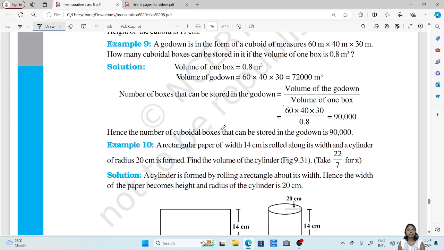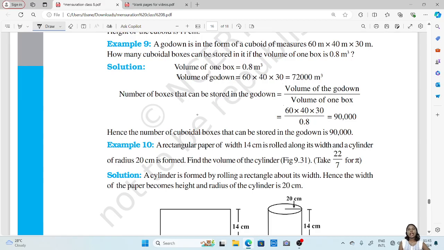Now let's go down. A godown is in the form of a cuboid of measure 60, 40, 30. How many cuboidal boxes can be stored in it if the volume of one box is 0.8 meter cube? Now they are saying that there is a godown and it is in the shape of a cuboid, and these are its measures, 60, 40 and 30.